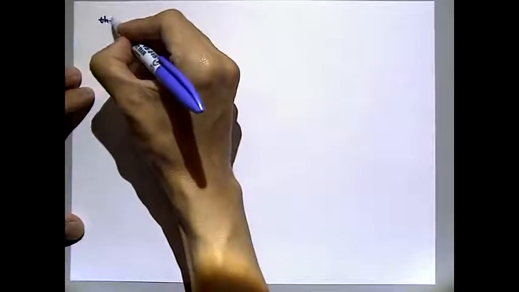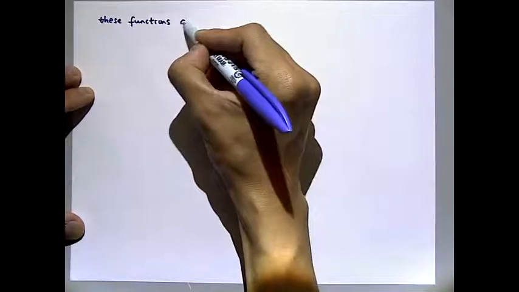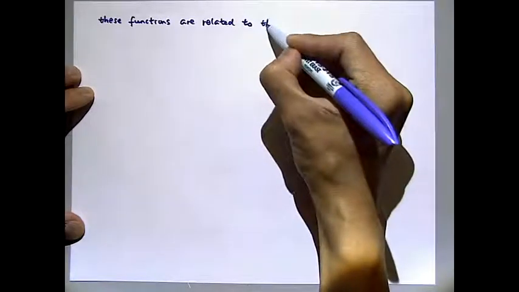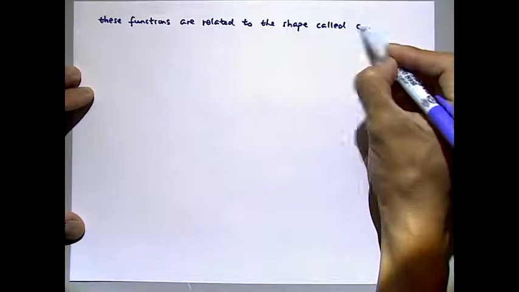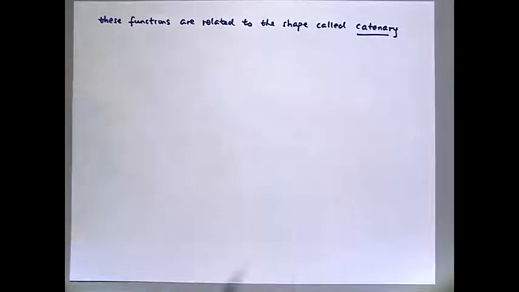All right, so what are these things used for? These things are related to a shape called the catenary. Catenary is kind of a parabolic-like thing, but it's not exactly a parabola.